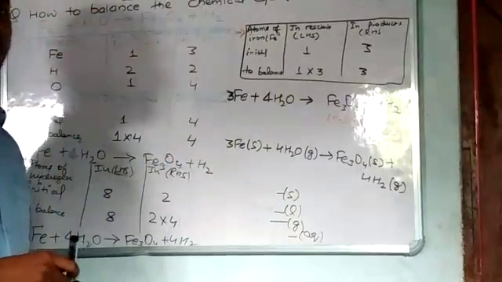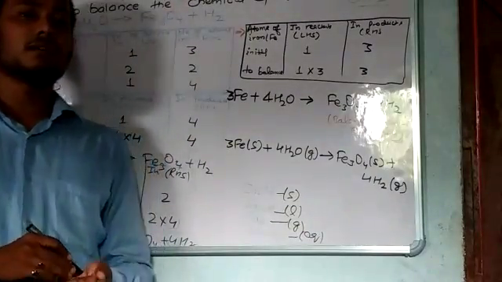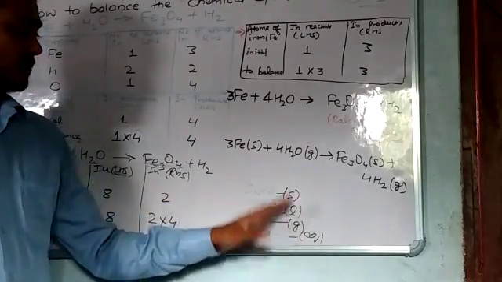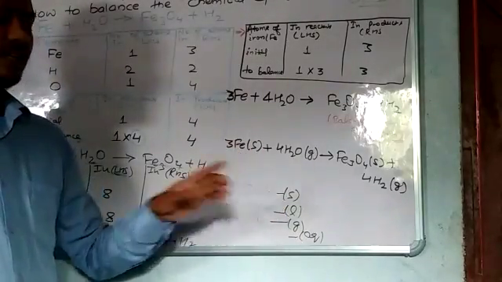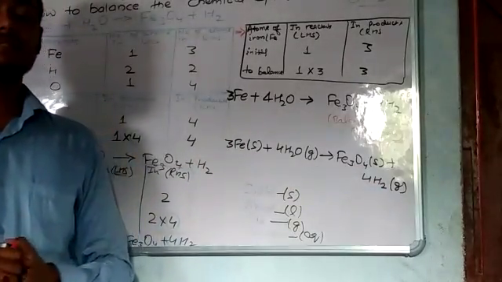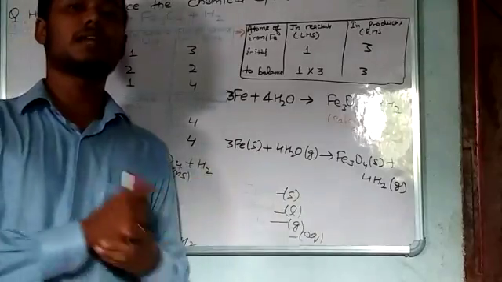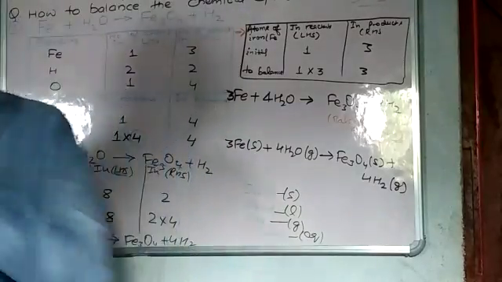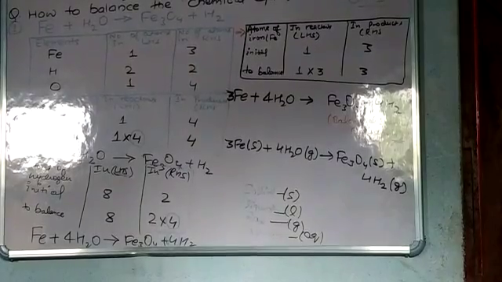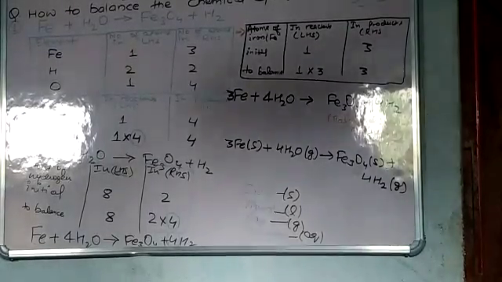I repeat, aqueous means whether H2O, Fe or hydrogen is aqueous, then we consider that it is dissolved in any solvent like water. Okay, so in this way we can easily convert an unbalanced chemical equation into a balanced chemical equation.